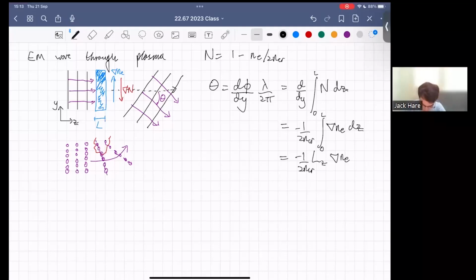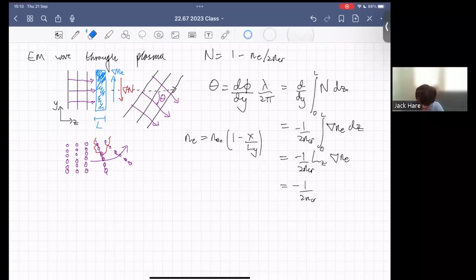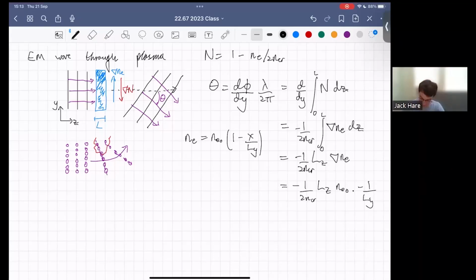And if this is some simple density ramp, so I would have ne0 times 1 minus x upon Ly or something like that, I could simply put this in and say that the entire beam is now twisted by a nice linear angle which has an Lz inside it, an ne0, and a minus 1 upon Ly, like this.